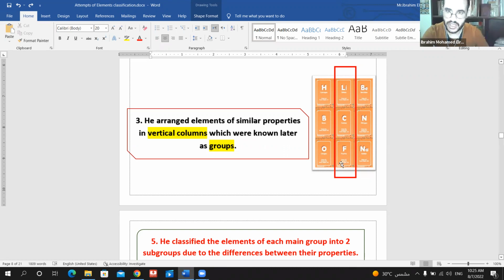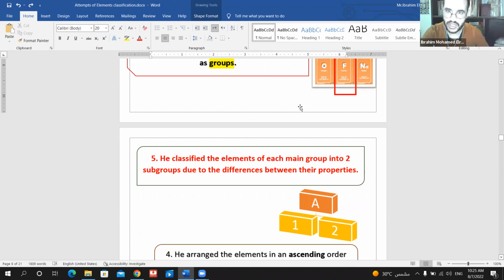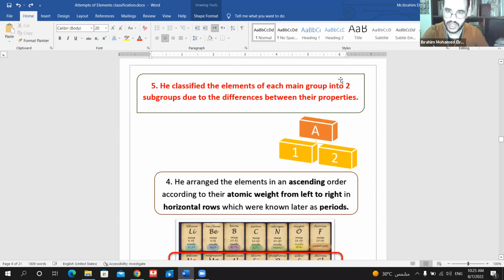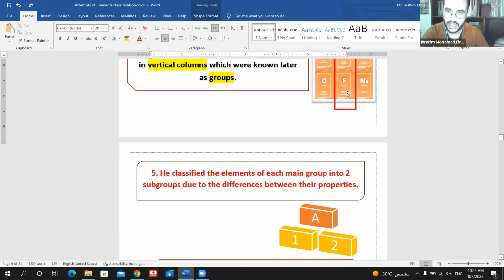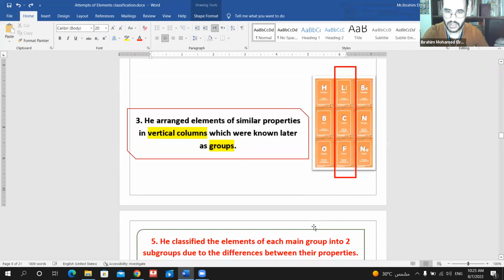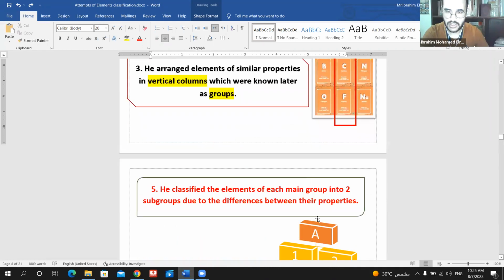He is going to make sub-levels. He is going to classify that main level into two sub-levels. For example, he will classify group A into two subgroups, group A1 and group A2, because A1 and A2 have different properties than the main group, which is group A.